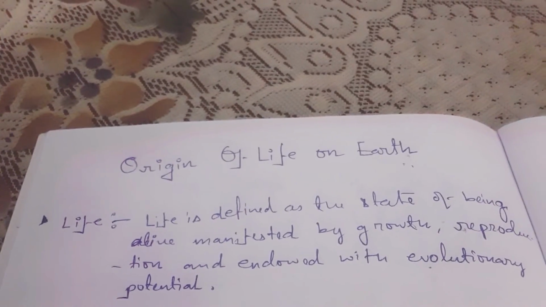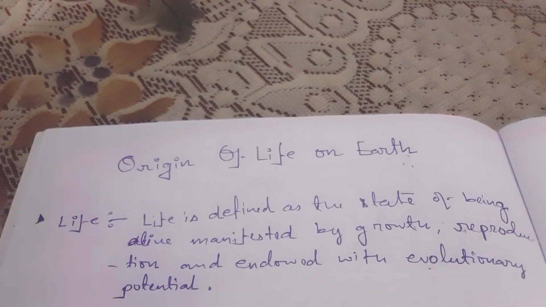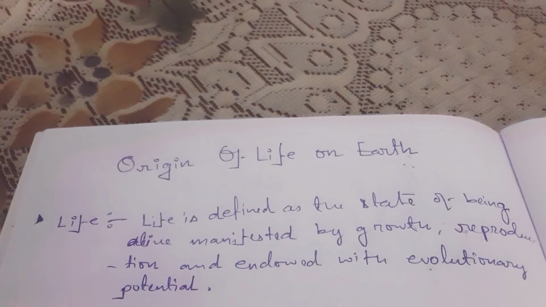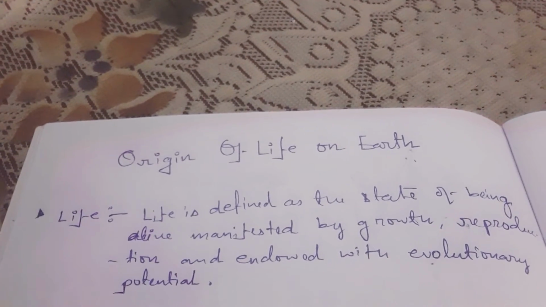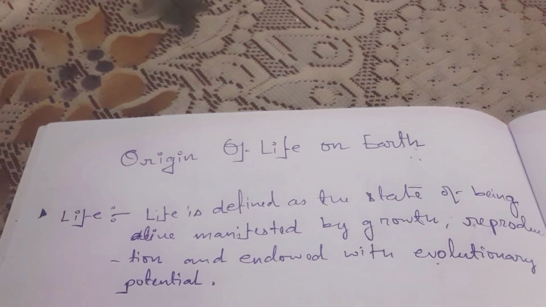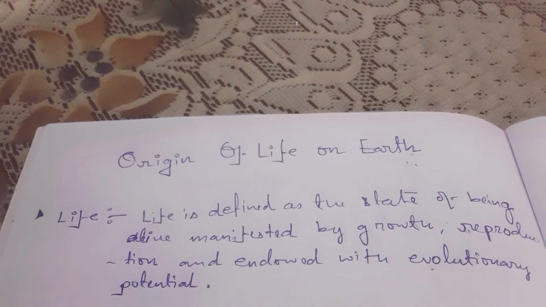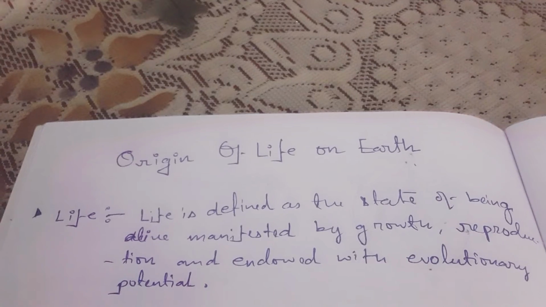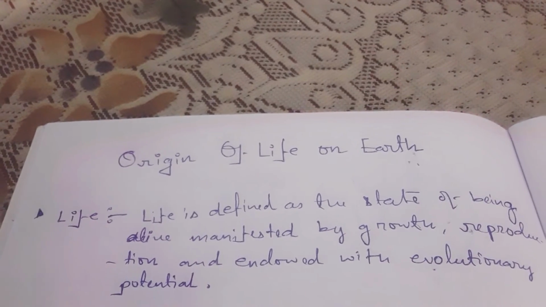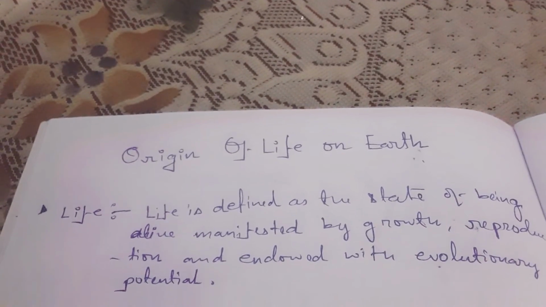So basically life is defined as the state of being alive manifested by growth, reproduction and endowed with evolutionary potential within a living organism. Now why do I prefer this definition of life?